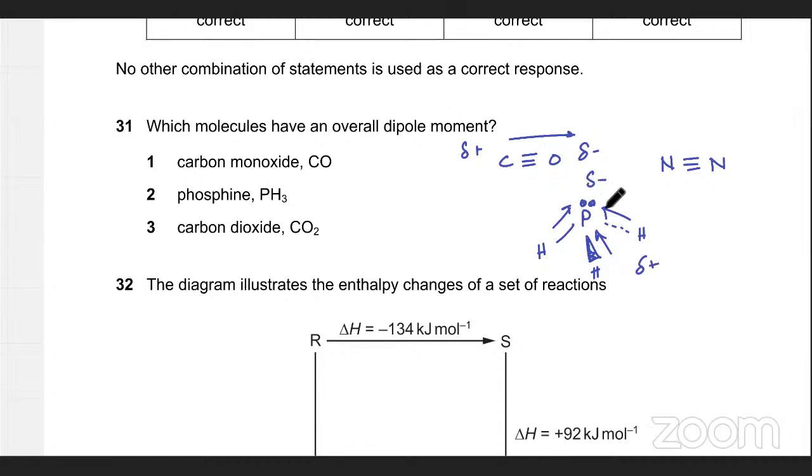The bottom of the molecule would have a slight positive charge. Carbon dioxide is the one that's non-polar because even though there's a difference in electronegativity, because of its shape, the dipoles are going to get cancelled out. So overall, it's not going to have any dipole whatsoever. Is that clear? Yes, sir.